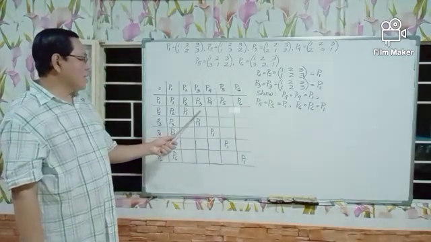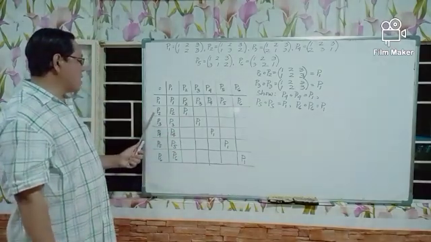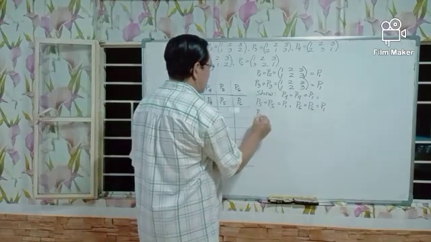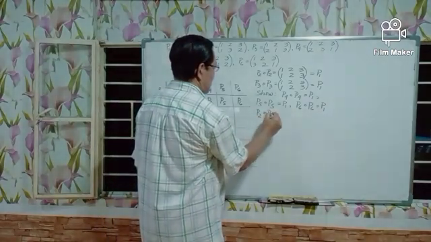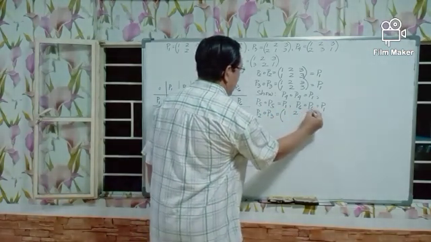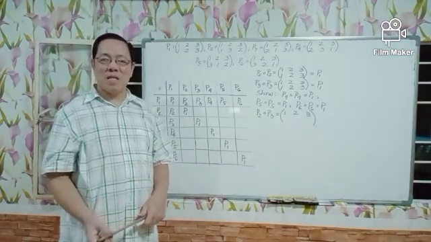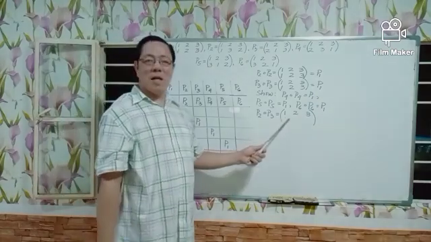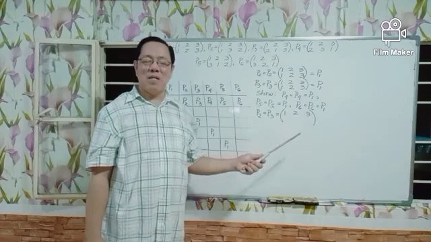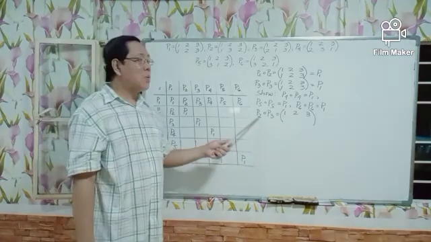Now we find the entry here. The entry here is equal to the composition of functions P2 and P3. This composition is a function from set S with elements 1, 2, 3 to the same set S. We find the image of 1 under the function P2.